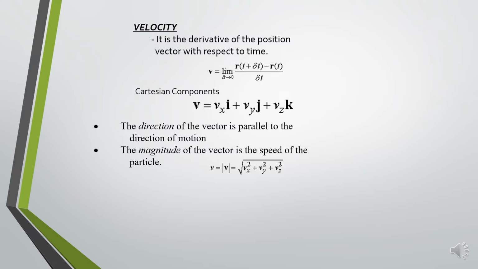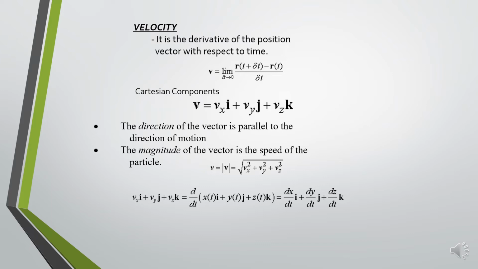In this case, the basis vectors i, j, and k are constant, and so vx i plus vy j plus vz k is equal to the derivative of x(t) i plus y(t) j plus z(t) k.